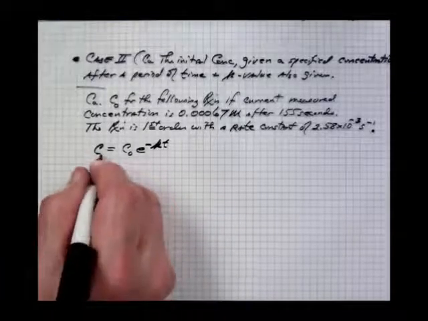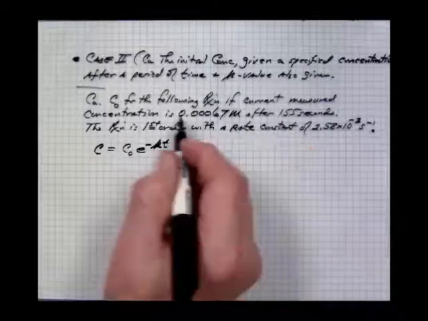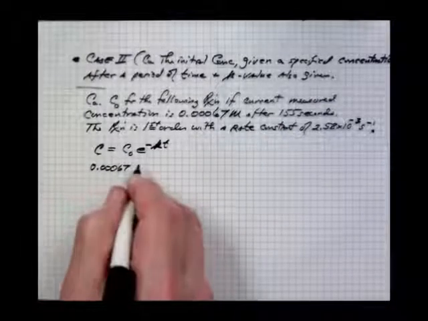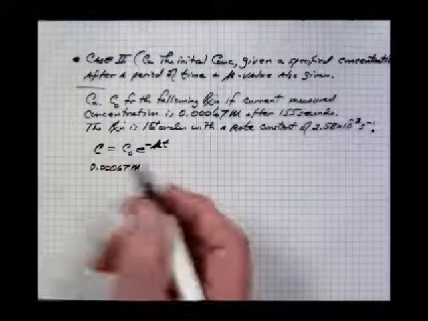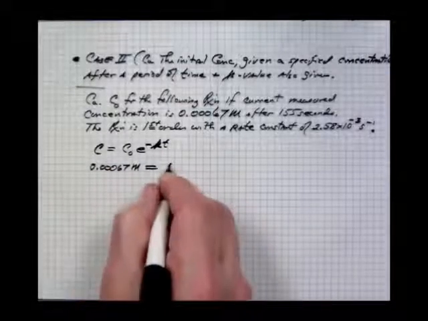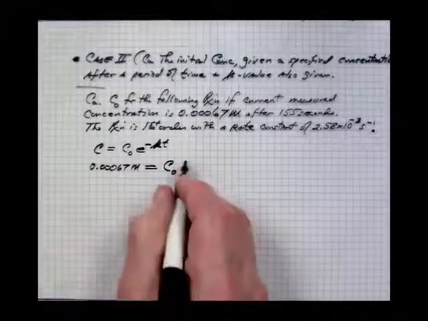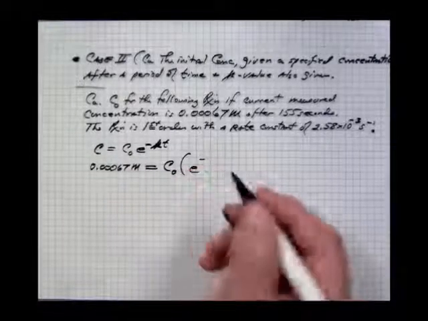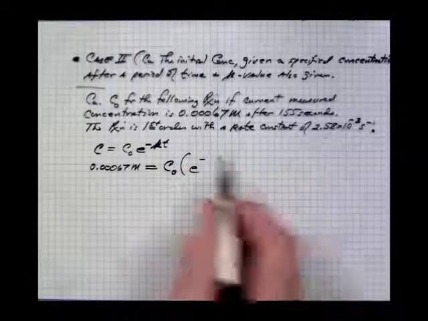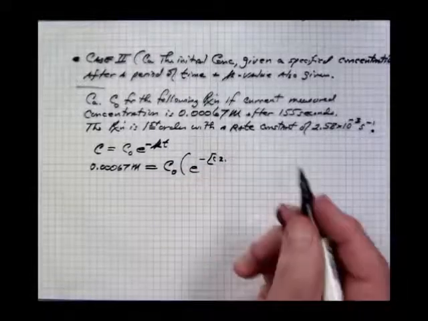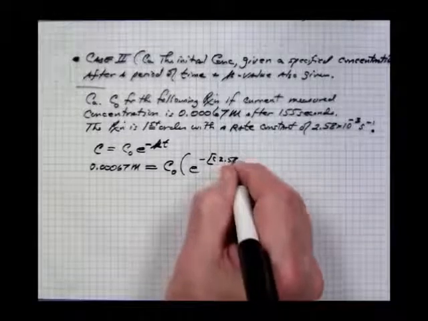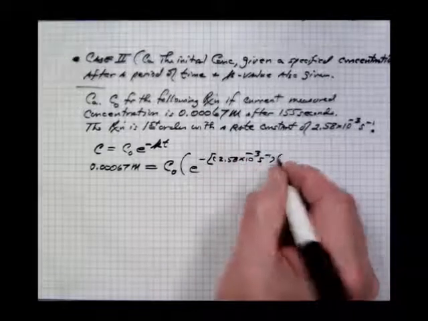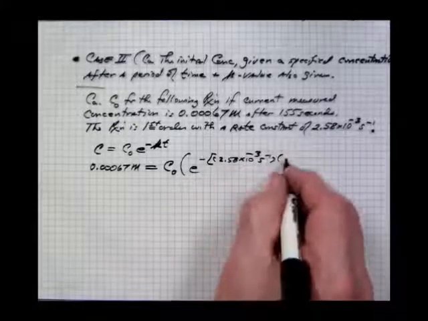So the current concentration of interest is 0.00067 molar, and so that would be this term, and we're interested in finding C sub 0, so I'm going to bracket off the e to the minus k, which is 2.58 times 10 to the minus 3 seconds to the minus 1 times the 155 seconds.